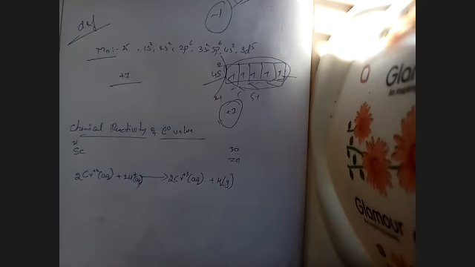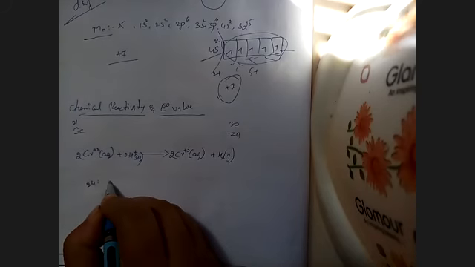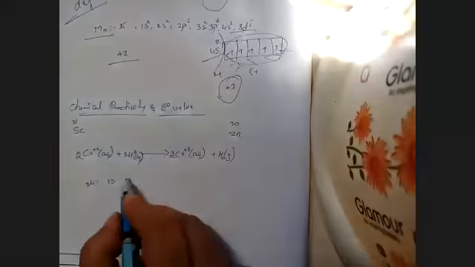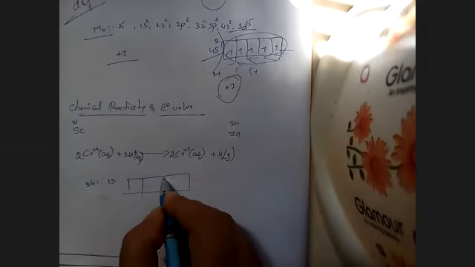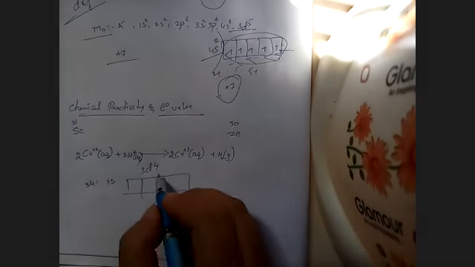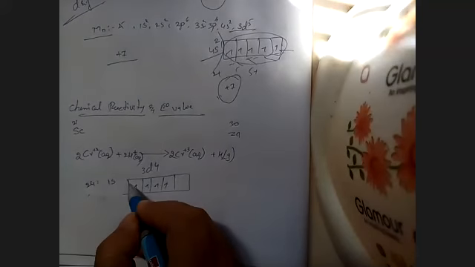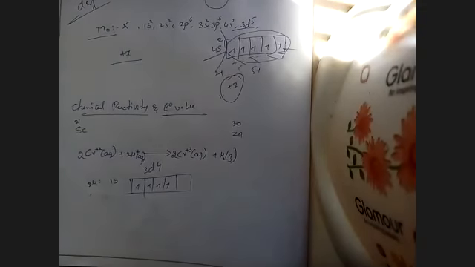For that we need to write the electronic configuration. So write it for 24. It will be like that, so we'll just write 3d4. Okay, because it's 24, so 1, 2, 3, 4. You can just see here, chromium can lose 4 of its electrons because it contains 4 unpaired electrons.